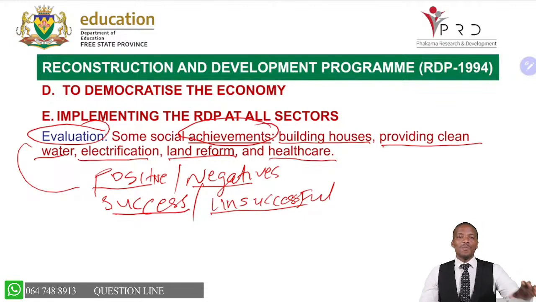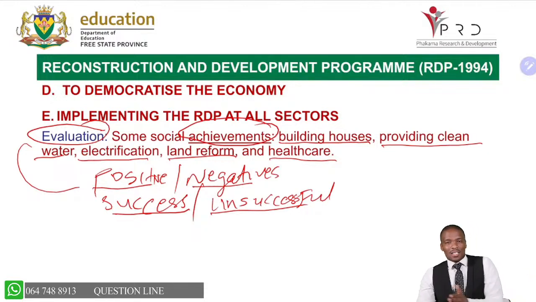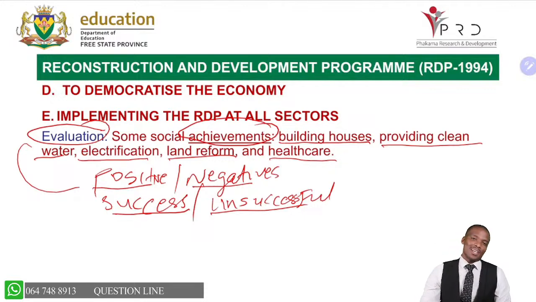Reason being, in the communities where people live in, there are no hospitals or there are no clinics. So that's the negative part of this policy. Up to so far, that's how you evaluate creators. Positively or negatively, based on the achievements or based on things that the policy has not achieved.